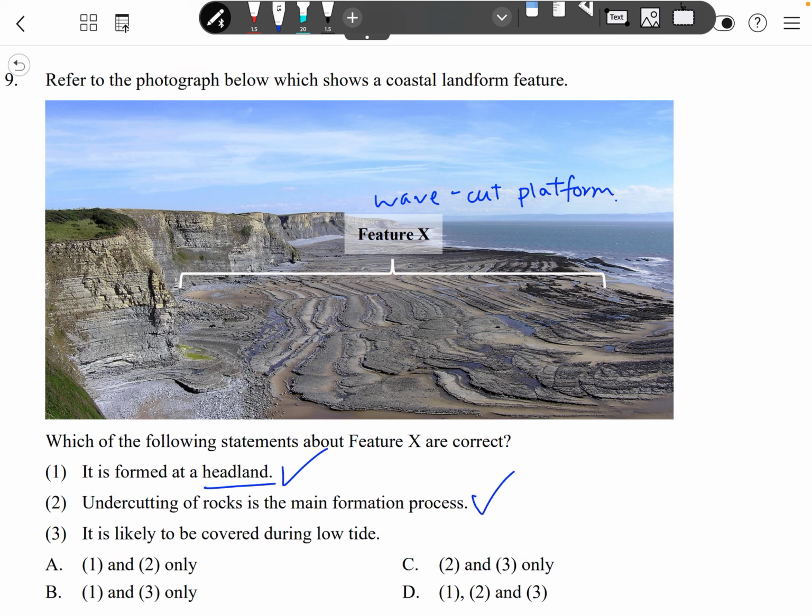Number 2 is also correct. They will undercut the rock, so it's correct. Is it likely to be covered during low tide? No, it's high tide. The water level must be high to cover it, not low. So the answer should be A.